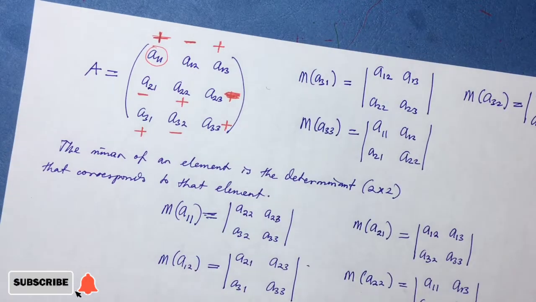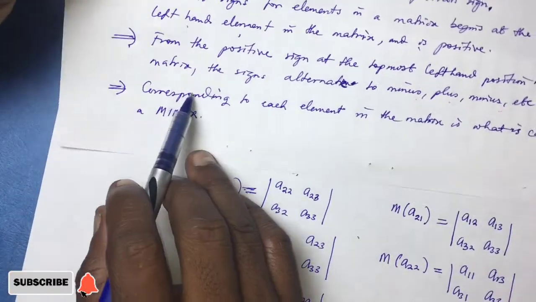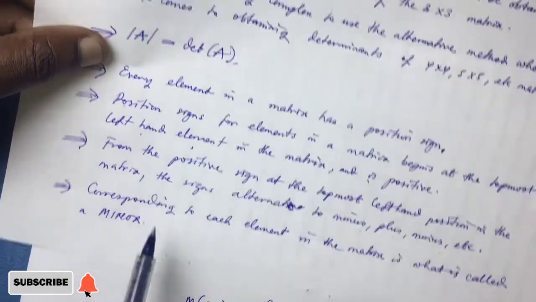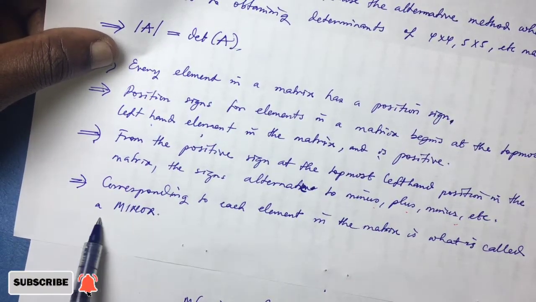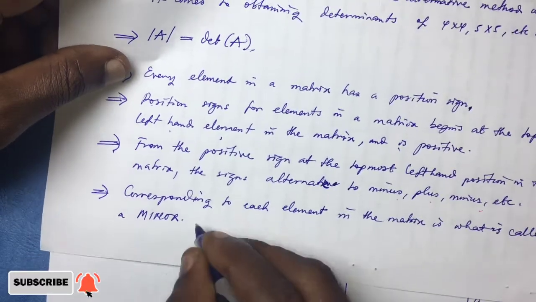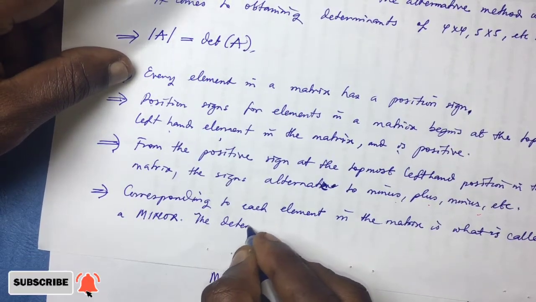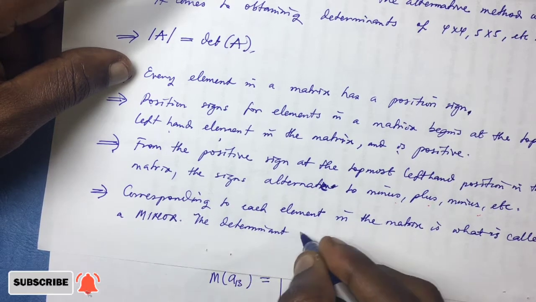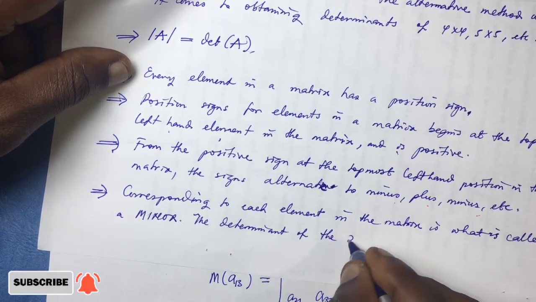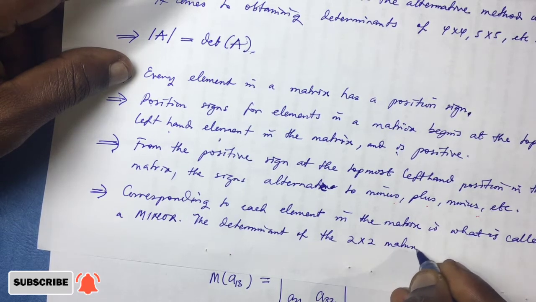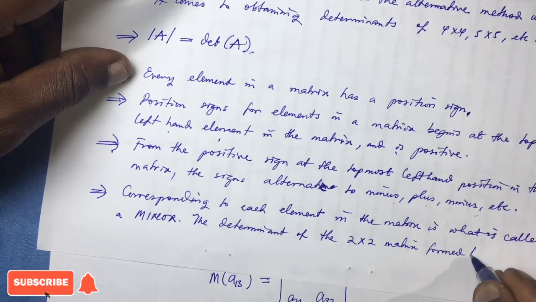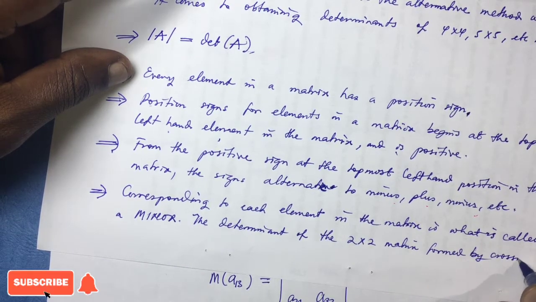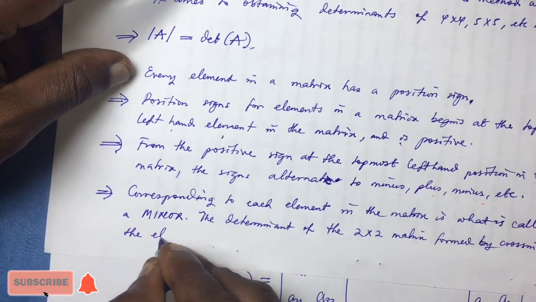So when I say every element in the matrix, when I made this statement, that was what I meant. Corresponding to each element in the matrix is what is called a minor. So what is the minor? It is the determinant of the 2 by 2 matrix formed by crossing out the element.